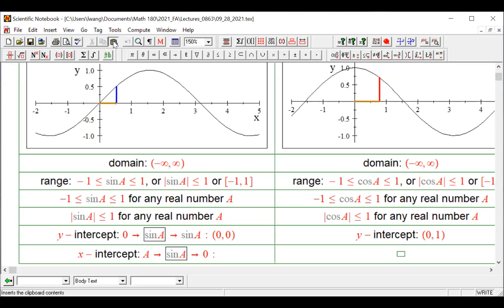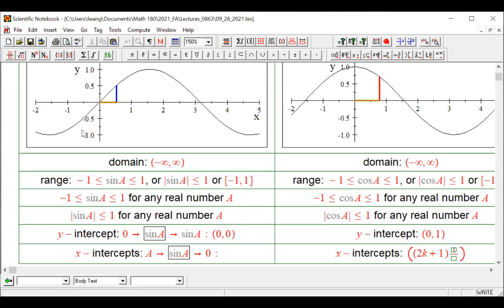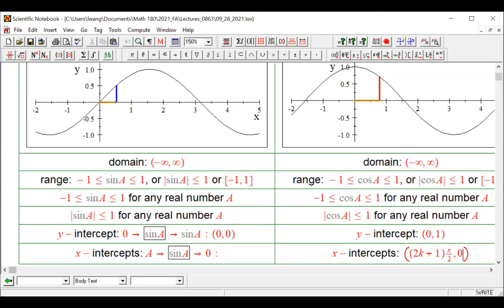How many? Infinite. And how do we express them? Odd number multiples of pi over 2. Just as we speak it.